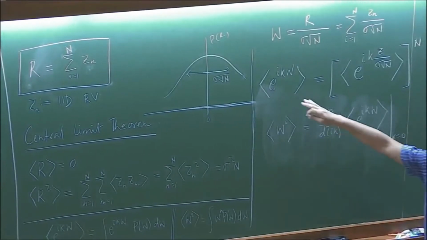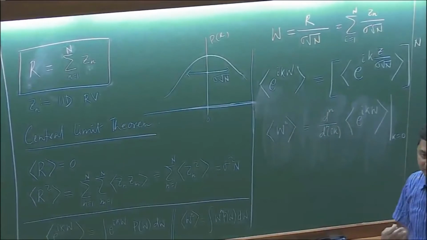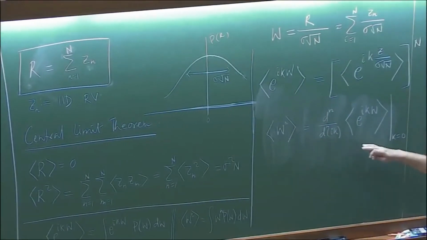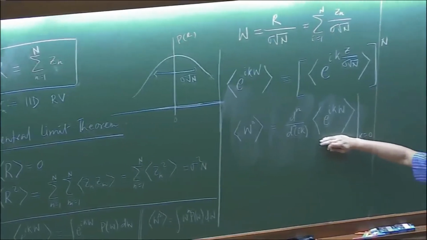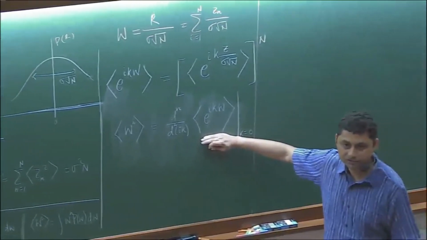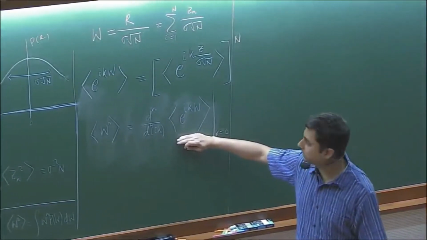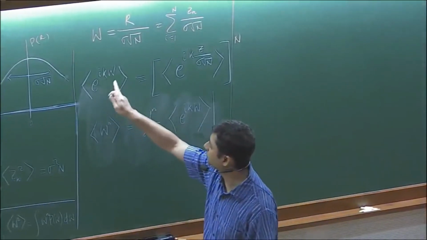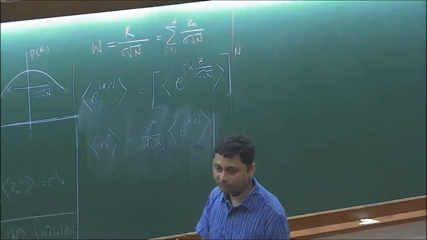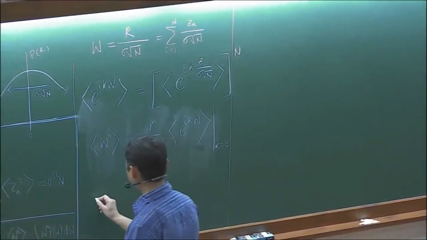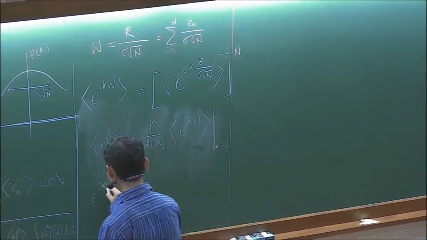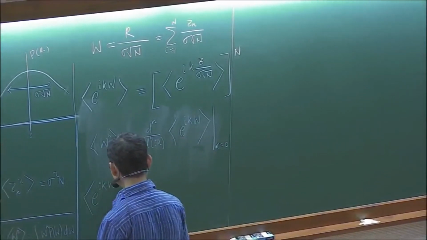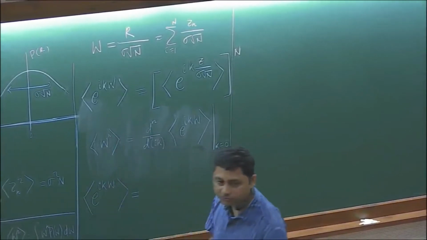Therefore, if the mean exists, for example, this derivative must exist. The first derivative must exist. So if the first derivative exists, how should this function behave near k equal to 0? What is the function at k equal to 0?